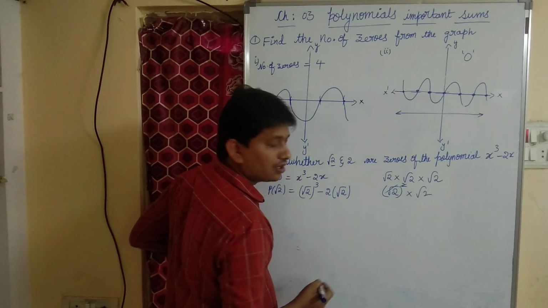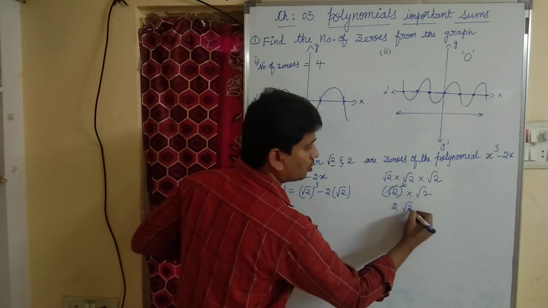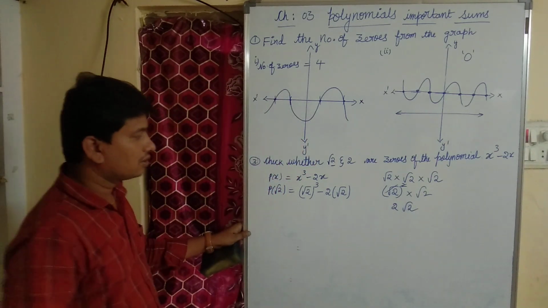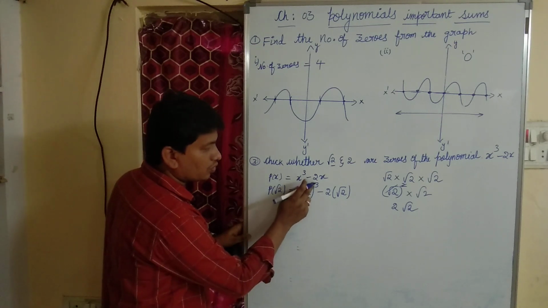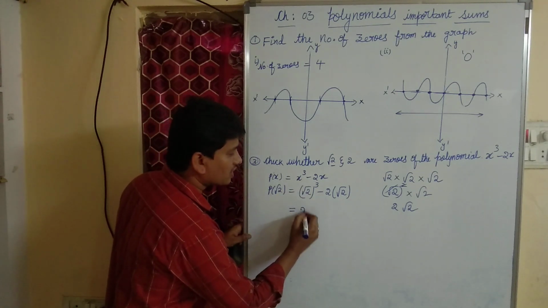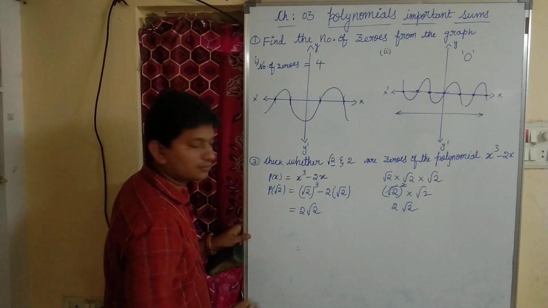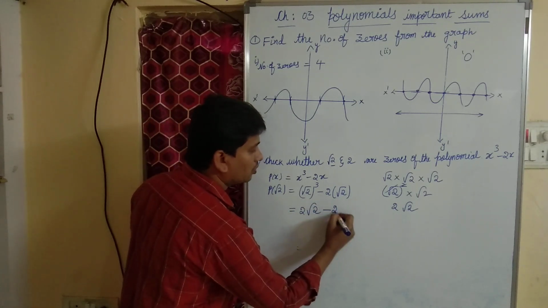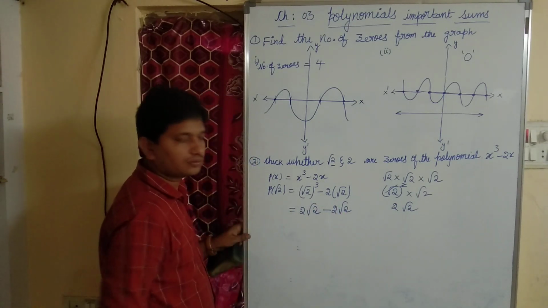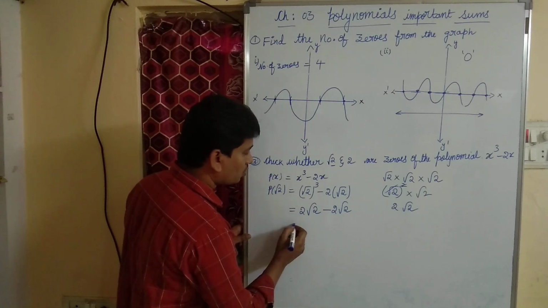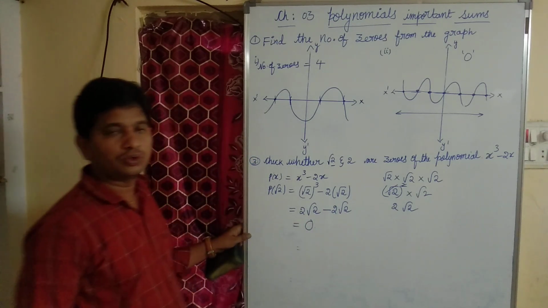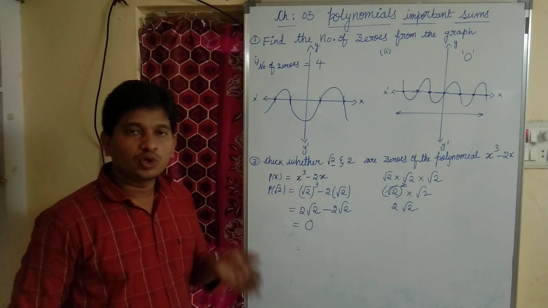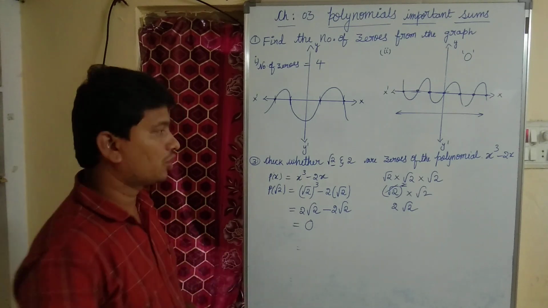The square root gets cancelled, that is 2 root 2. Root 2 whole cube is nothing but 2 root 2, minus 2 into root 2, 2 root 2. So 2 root 2 minus 2 root 2, which is equal to what? 0. Hence we can say that root 2 is a zero of the polynomial.